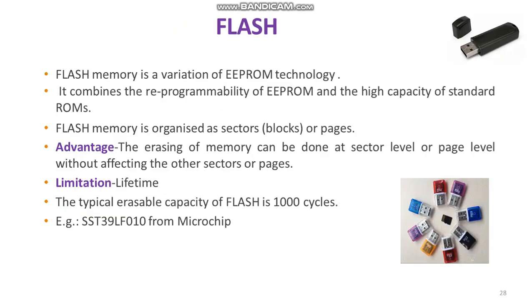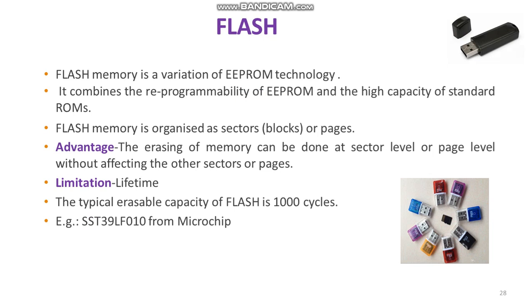Next, moving on to flash. In today's embedded world, the most popular ROM technology is flash. It combines both EEPROM reprogrammability and the high capacity of standard ROMs. Flash memory is organized as sectors or pages.